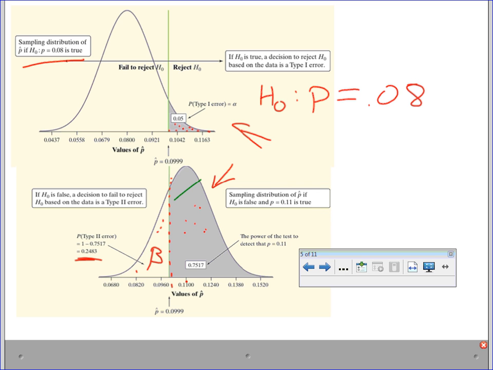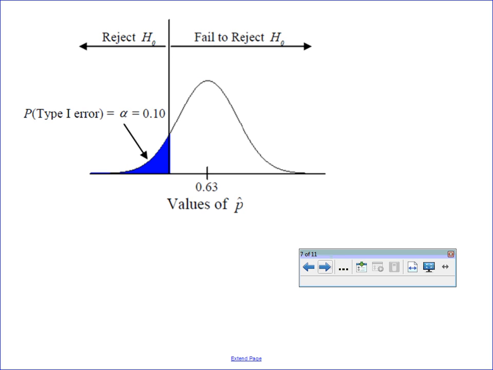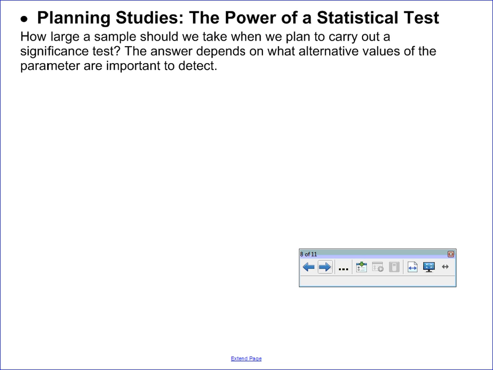And this area in here is the power of the test. Any one of these results that we get here would cause us to get the correct answer. And so that's power of the test, and this is just more video on this for you to do it.